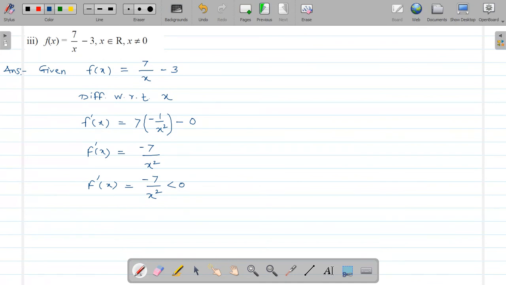So that's why minus 7 upon x square is less than 0 for all x belongs to R, where x is not equal to 0, and hence as f dash x is negative, you can say that given f of x is a decreasing function for all x belongs to R.